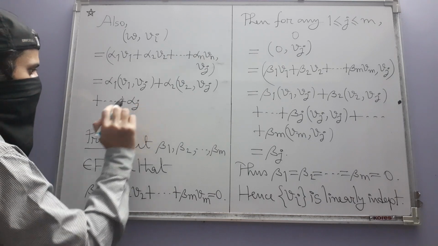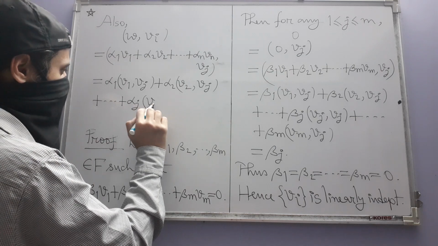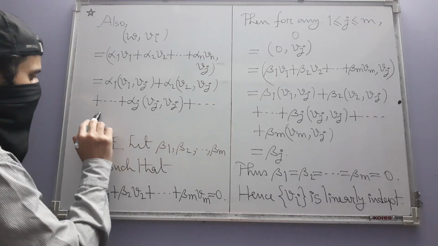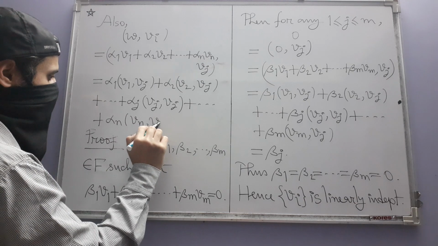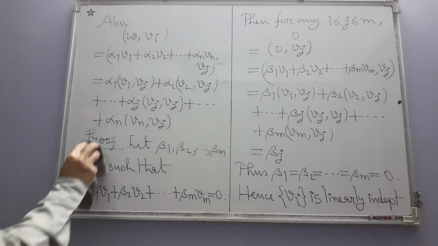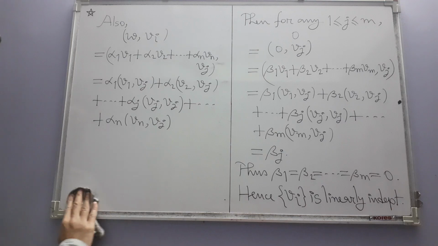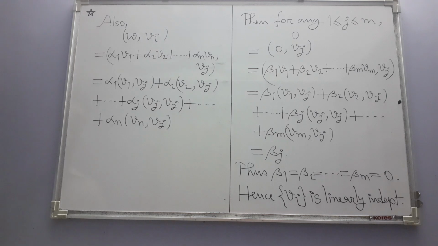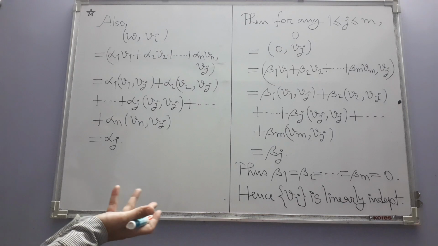So some term alpha j will be there, and there we will have Vj comma Vj, plus alpha n Vn comma Vj. And you can see that just like that calculation, this is going to be equal to alpha j. There we had a condition that these things become equal to this complex number 0. Here, however, we do not have a condition. We just have this, and that's what we wanted to prove.